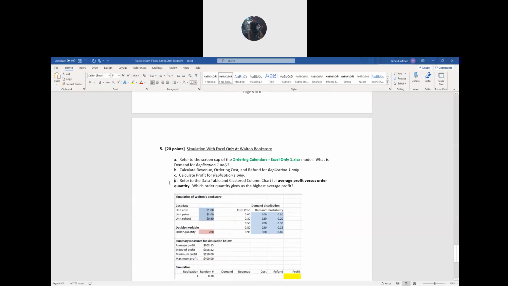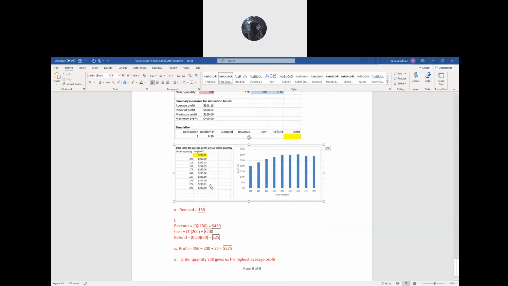And D, look at the data table and the cluster column chart for average profit versus order quantity, and which quantity gives us the highest average profit. Just look at that second picture. It's a little hard to see, but it looks like ordering 250 gives us the highest average profit.